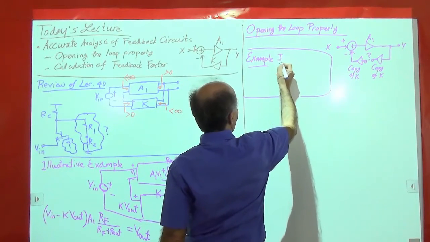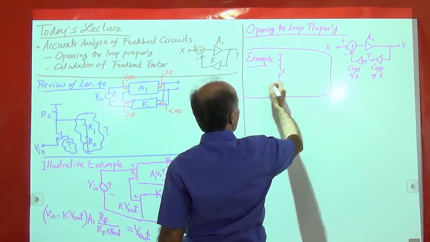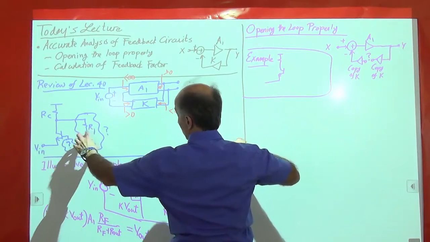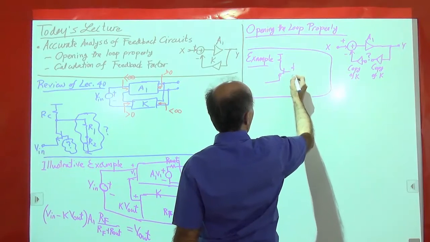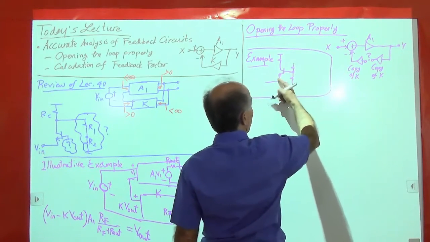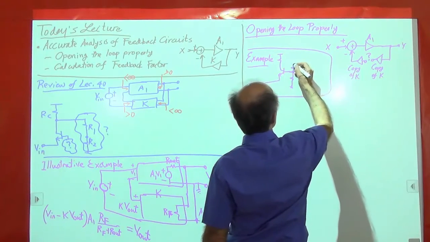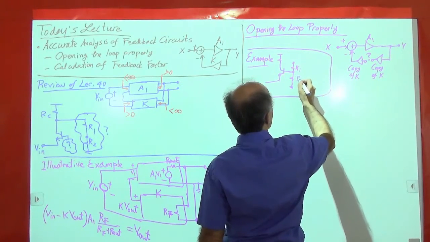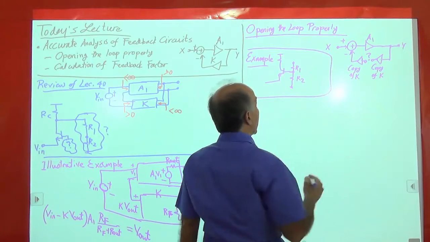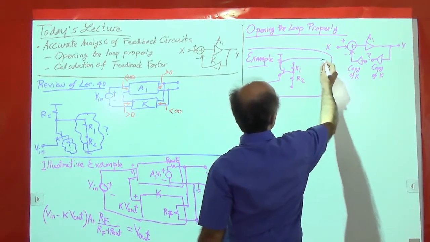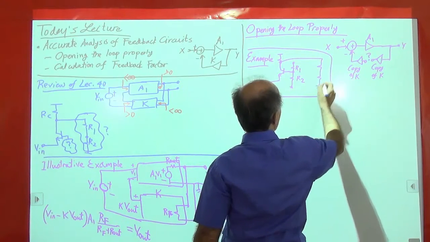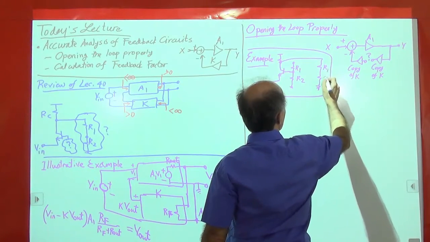So we're going to take that. And this resistor divider was connected to this base. So I'm going to make a copy of K and connect it to the input, to the subtractor. See this copy? So that's a copy of K. And I'm going to make a copy and connect it to the output. So here's a copy of K, R1 and R2.